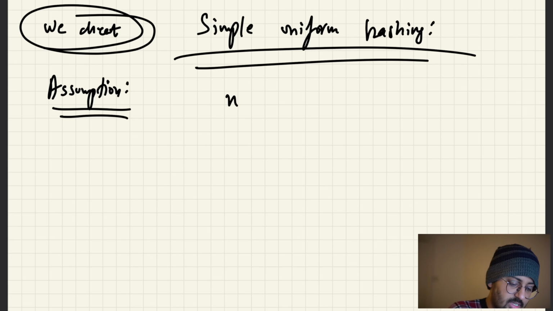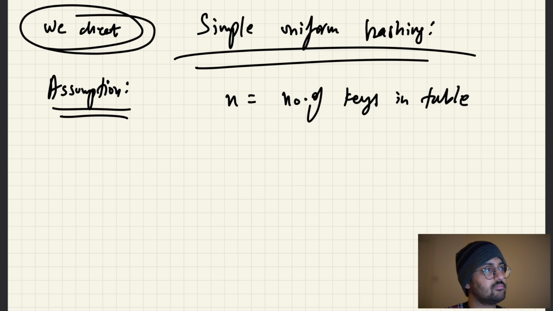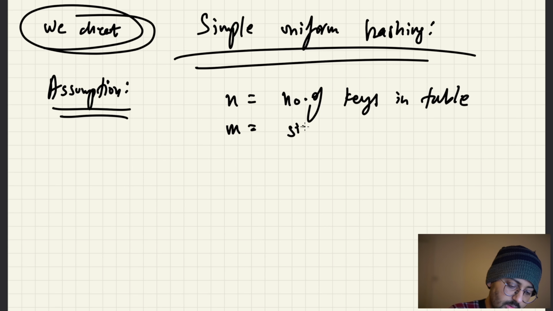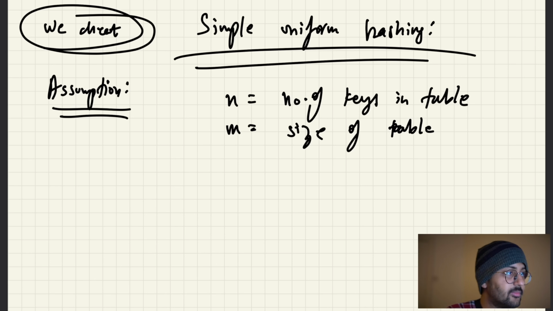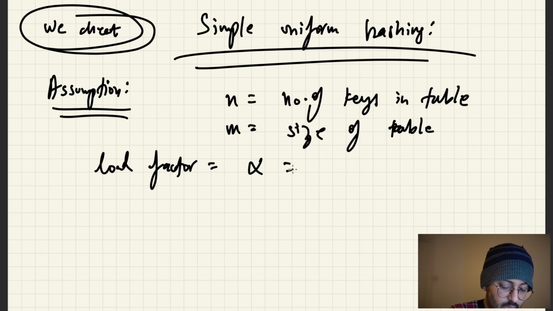Okay, so if we say n is equal to the total number of keys in table, m is equal to the size of the table, then the load factor, which is equal to alpha, is going to be equal to n divided by m.